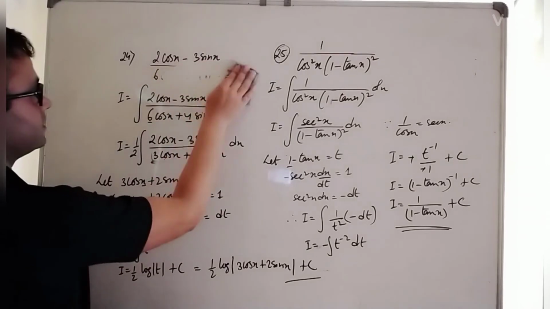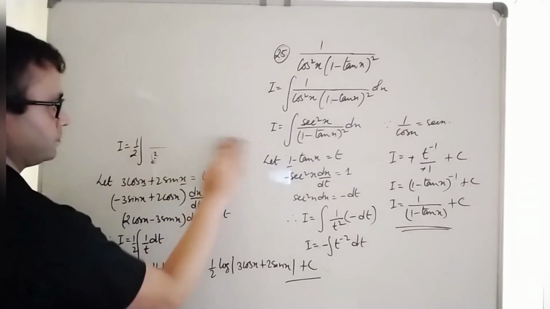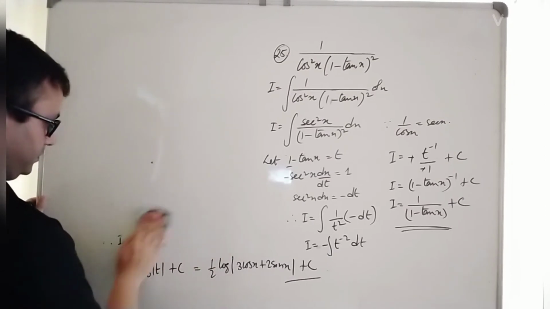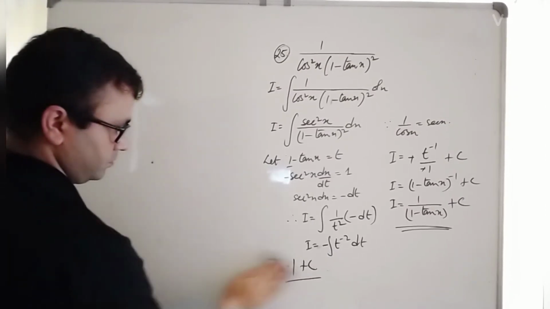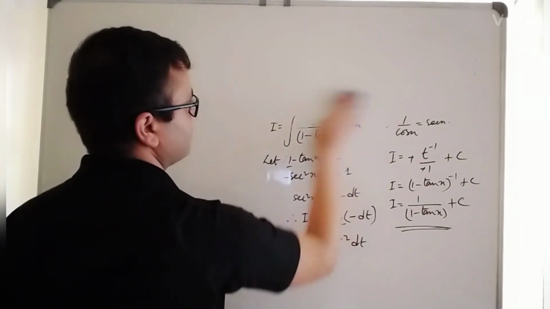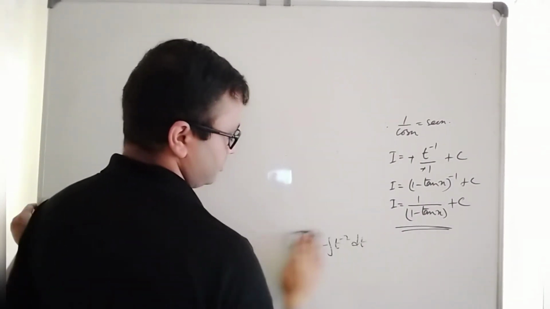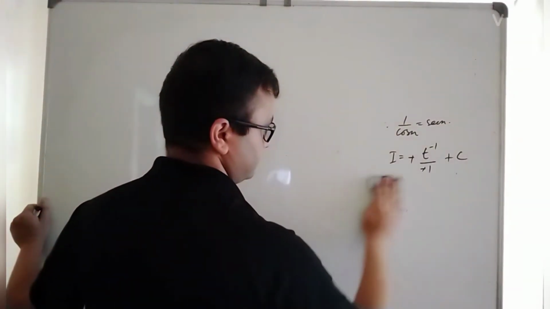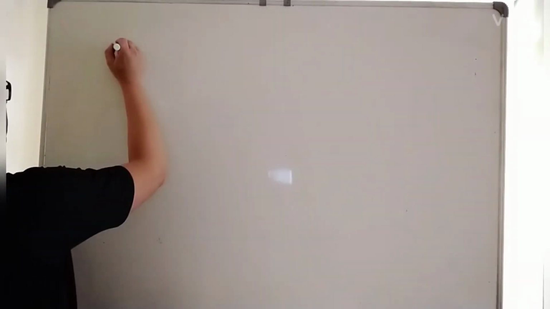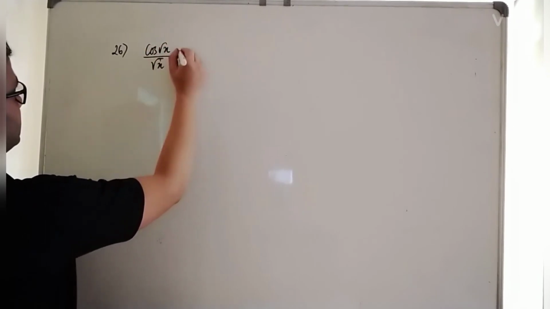Question number 26. The question is cos root under x divided by root under x.